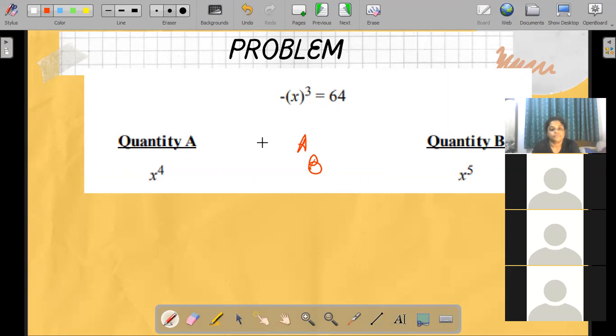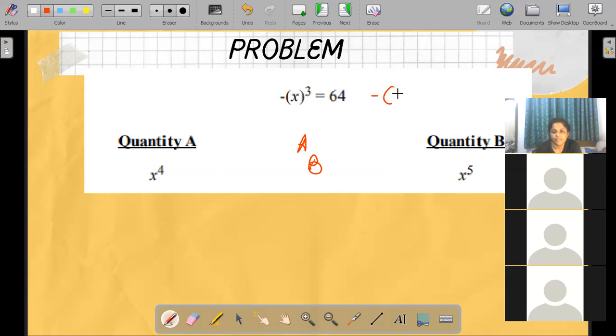So this is minus x cube is equal to 64, right? Is there any cube form for 64? Ma'am, 64 is the cube of 4. Very good. So I can write this again. I shouldn't be using a pen, but just for you to understand, because a few of you are not able to understand.